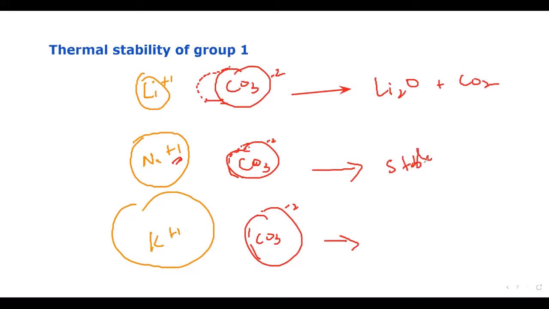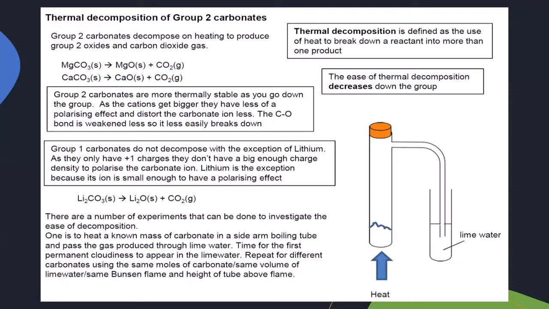In IGCSE you just learned that they are stable to heat, but here is the reason: these positive ions are larger in size with a small charge on them, so they are not able to cause a distortion or polarization to the negative ion, and this negative ion will keep its shape, remain stable and not decompose or break down into simpler ones. So for group 1, only lithium carbonate will decompose. The rest do not decompose.